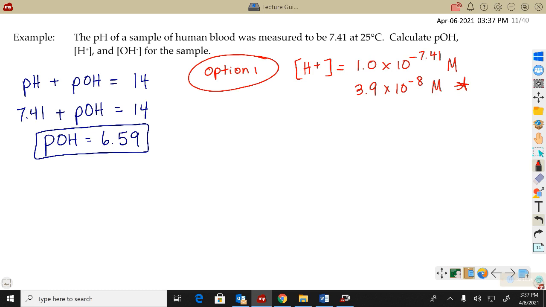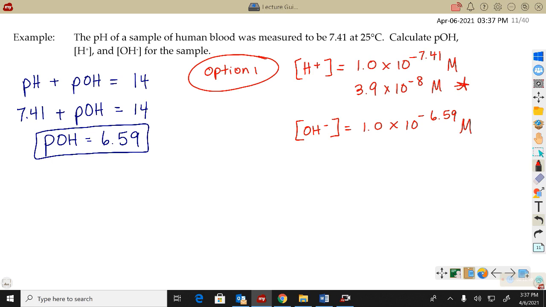You could do the same thing then with the hydroxide. You could say, all right, to get the hydroxide concentration, I got to use the pOH, because that's based on the hydroxide ion, 1.0 times 10 to the negative 6.59. But then we're going to plug it in our calculator to simplify things.